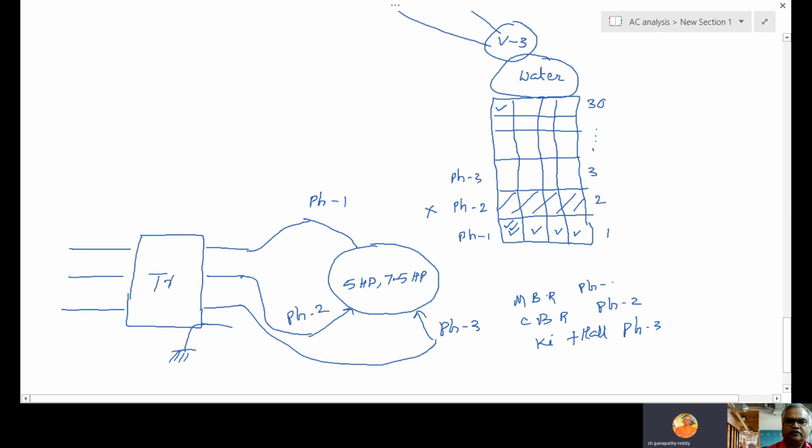So if phase 2 power is not there, only the children bedroom loses power, but other areas have power. That means if any one phase is out, only 1/3 portion of the house is affected and 2/3 portion of the flat has power. That means discomfort or inconvenience is minimized with this.